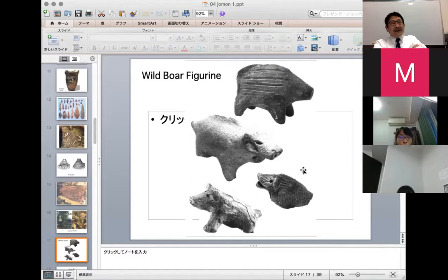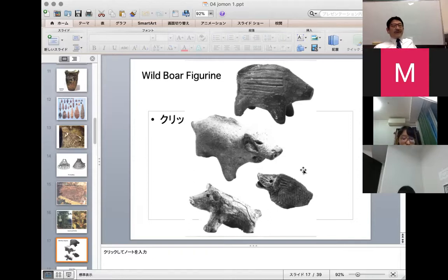And since they had only a simple dugout canoe, a very shallow one, I'll show you later, it's very simple and not very strong. I mean, it's not durable against waves. It will just flip over with a big wave.